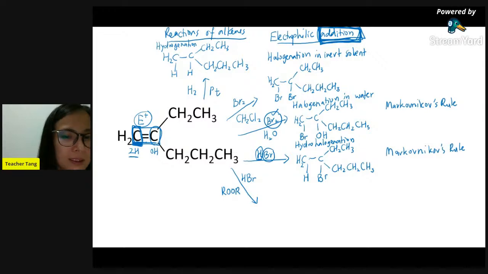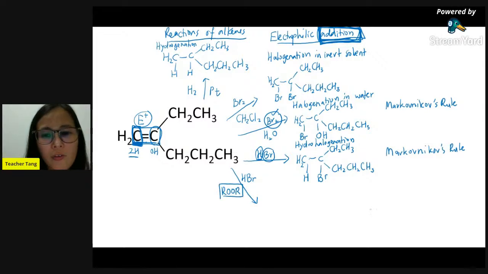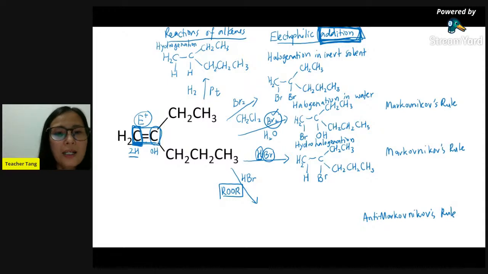So if you see peroxide, it is not Markovnikov, but anti-Markovnikov. Markovnikov says the hydrogen goes to the carbon that has more hydrogen. So anti-Markovnikov will be the opposite. The hydrogen needs to go to the carbon that has fewer hydrogen, so it needs to go to the second carbon. But it is still an addition type of reaction.